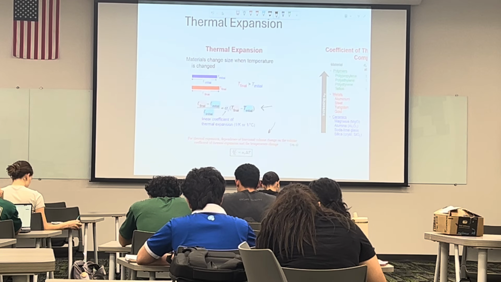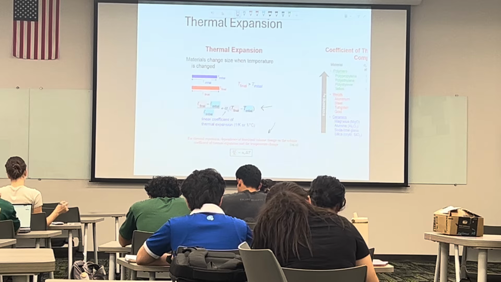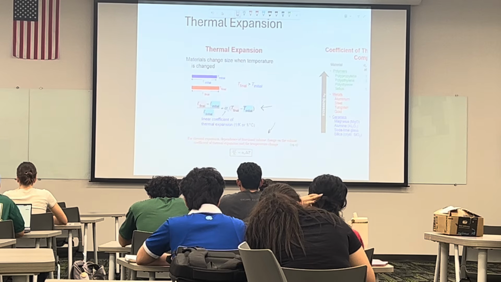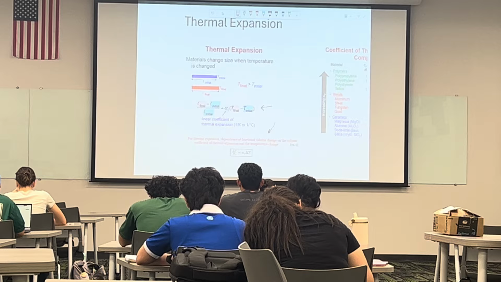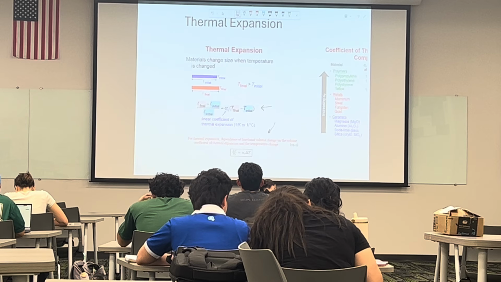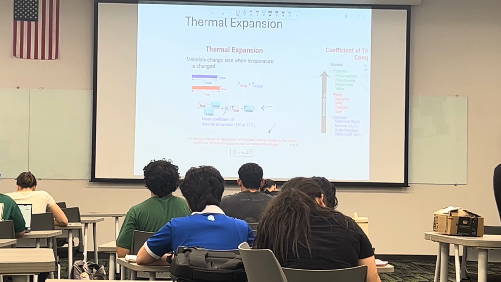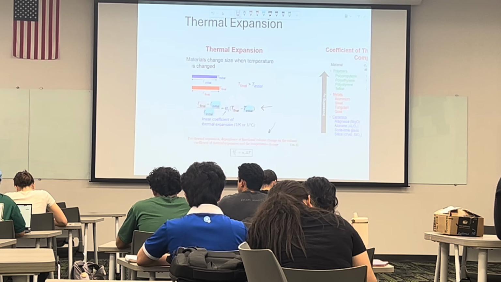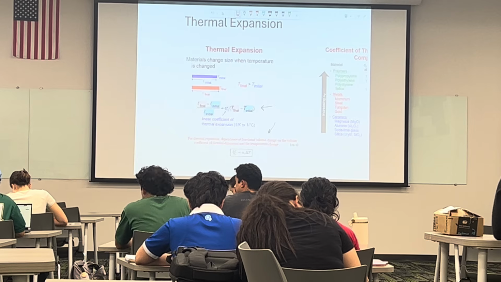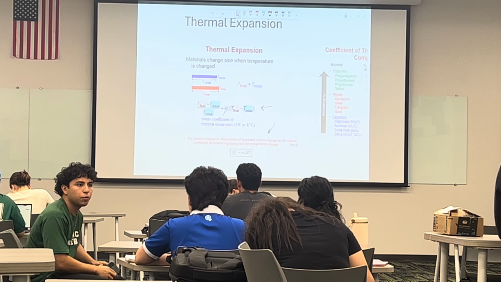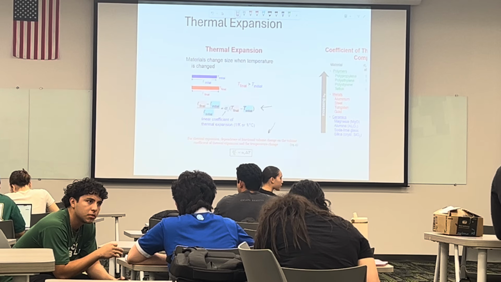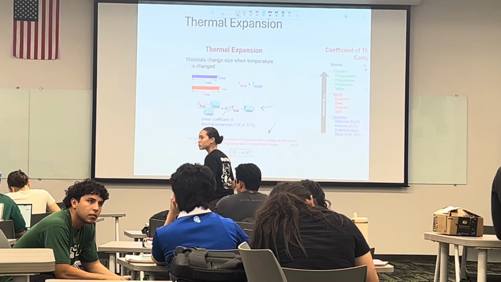I notice that in this equation you're using just change in length, and in the bottom you're using change in volume, but basically the same thing. So you have your change in length divided by the initial length equal to alpha L, which is the linear coefficient of thermal expansion, multiplied by the change in temperature. Same deal with the equation at the bottom, but you're considering the volume of the material versus just the length of the material.